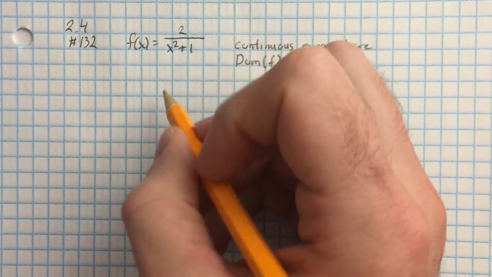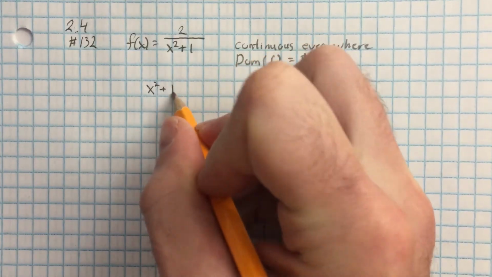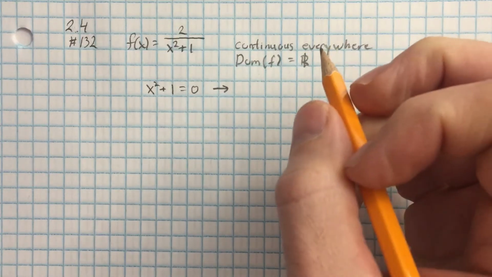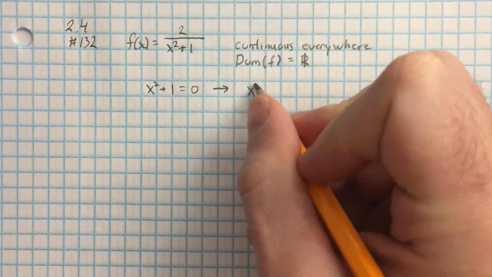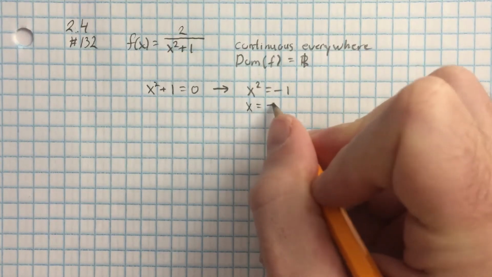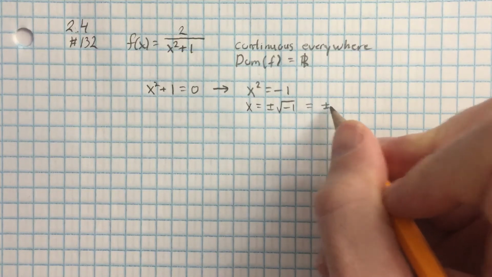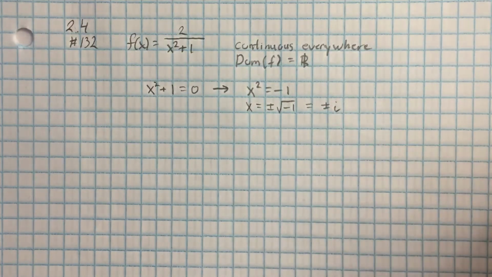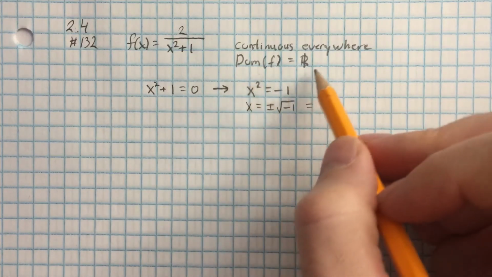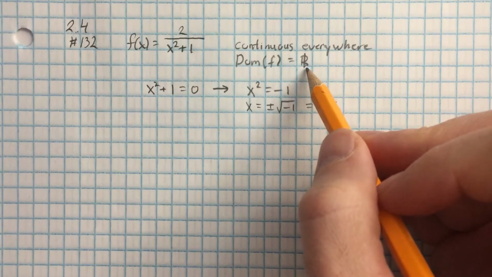But in this case, if you check where the bottom is equal to 0, you get x squared equals -1, which implies x equals plus or minus the square root of -1, that is, plus or minus i. So there's no real value that makes the bottom equal to 0, and therefore no real value to remove from the domain. The domain is all reals. There's nothing to take away.